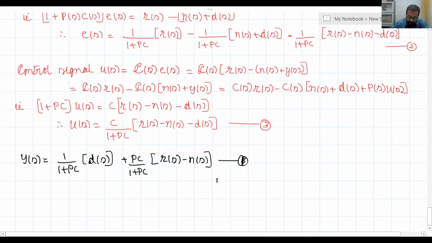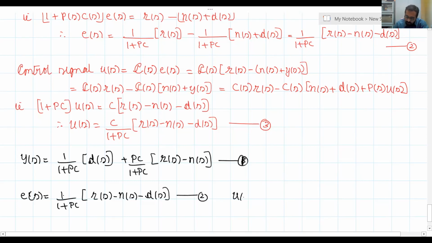What was equation 2? The error signal E of S, which was 1 by 1 plus PC into R of S minus N of S minus D of S. And what was equation 3? The control signal U of S equals C divided by 1 plus PC into R of S minus N of S minus D of S. Fine.